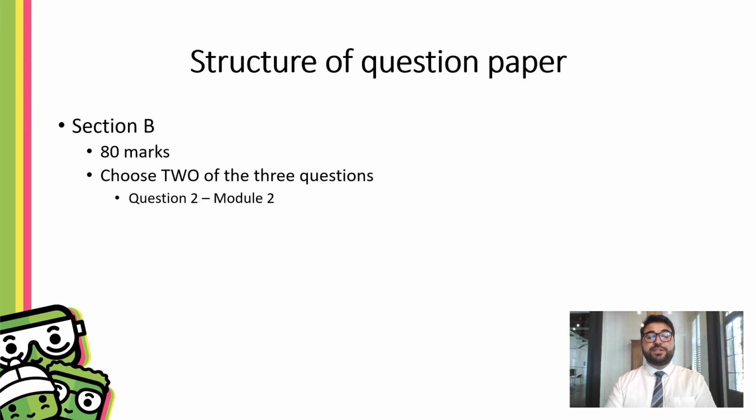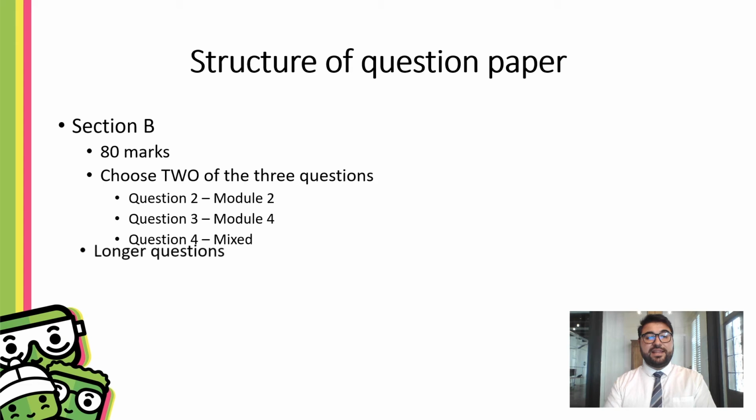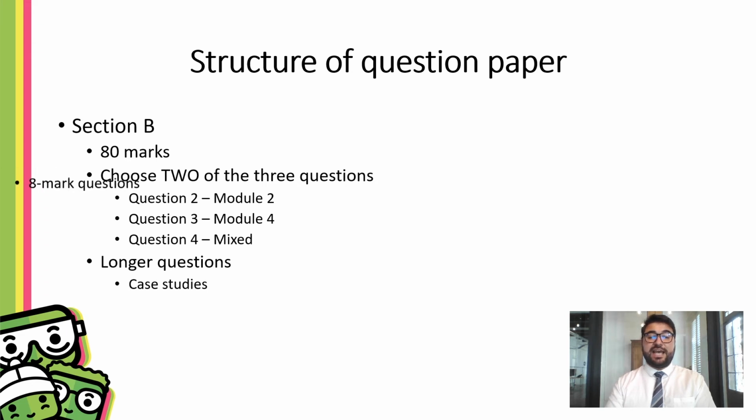Now, here Question 2 is going to be about Module 2, and Question 3 is about Module 4, whereas Question 4 is still a mixed question consisting of work from Module 2 and Module 4. And then, like with Question Paper 1, it is longer questions, that is your case studies and your 8-mark questions.